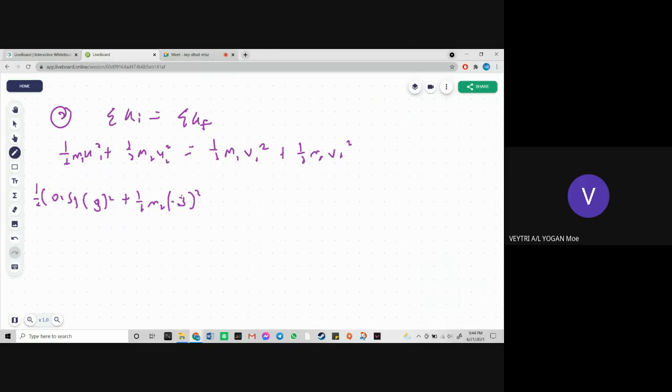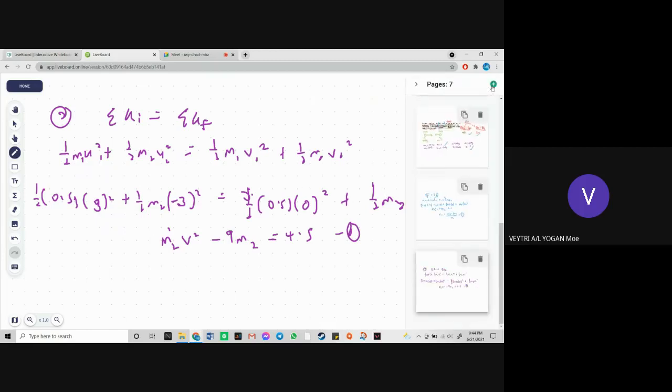Remember, negative 3 equals to 1 over 2 times 0.5 times kosong square plus 1 over 2 M2 times V2 square. Next, M2 V2 square minus 9 M2 equals to 4.5. This will be your second equation. Just simplify everything on the top, you get your second equation.